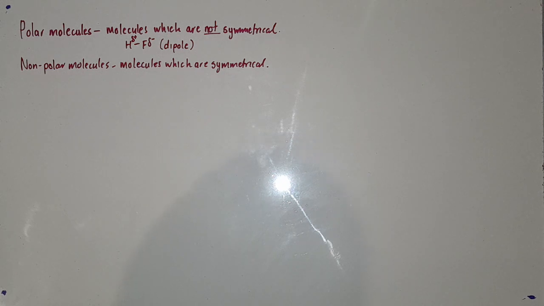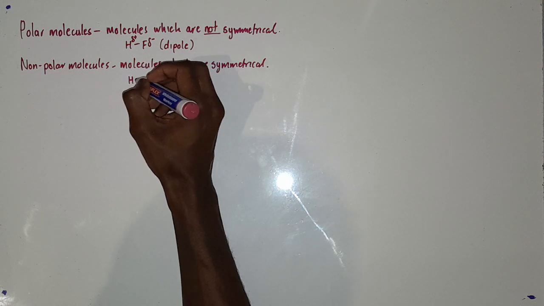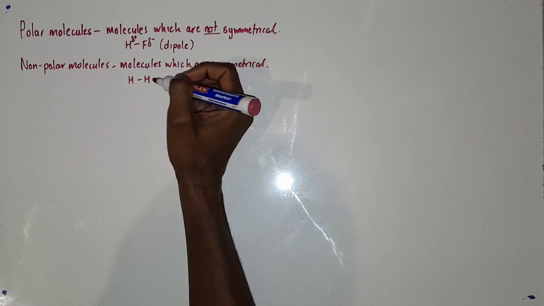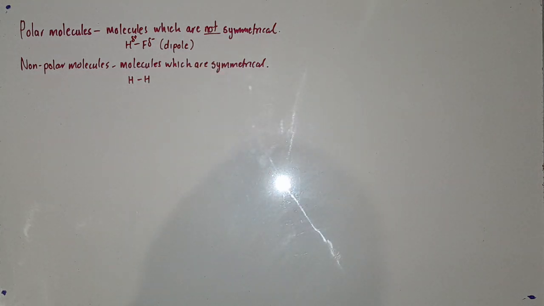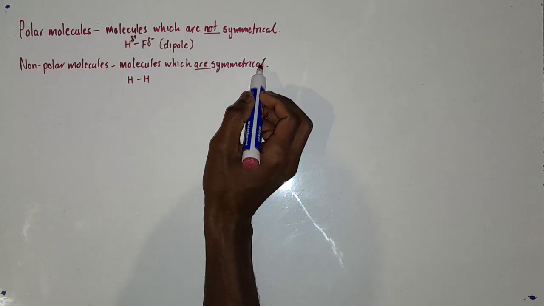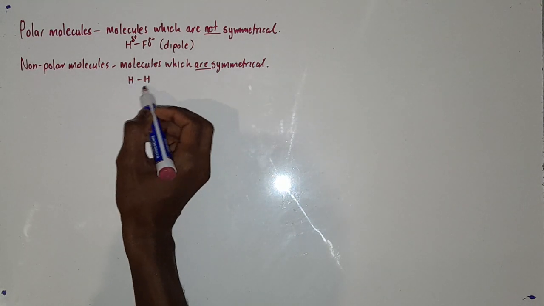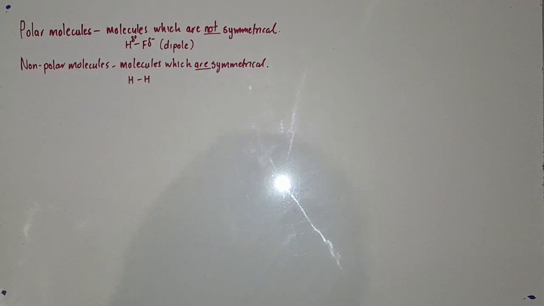The example that I can give is all diatomic molecules such as hydrogen. They are non-polar. Why? Because they are symmetrical, meaning the electrons are evenly spread around these two. Do you understand? The electrons are evenly spread around the two.